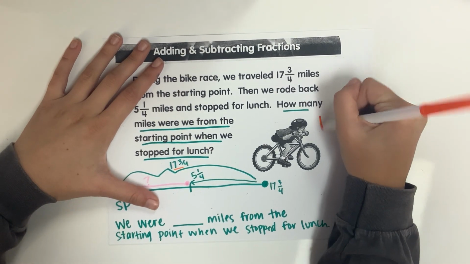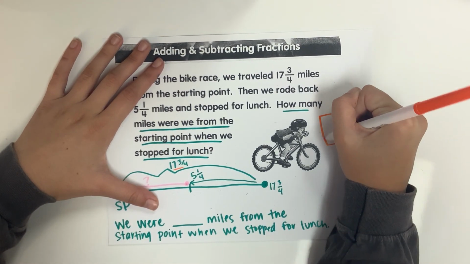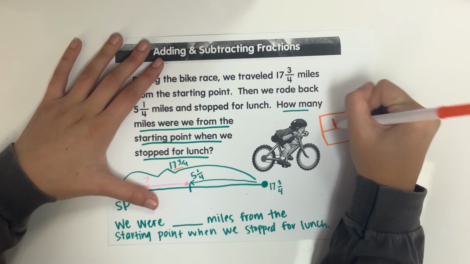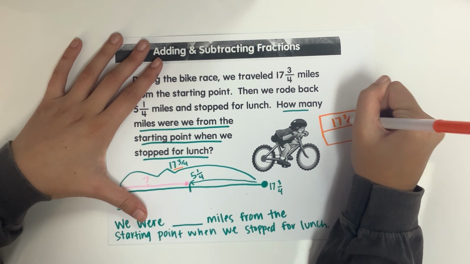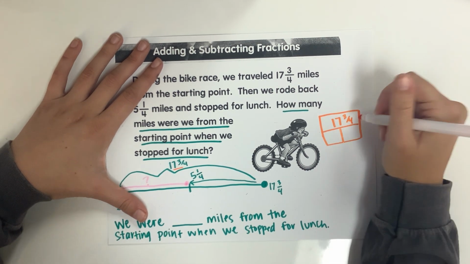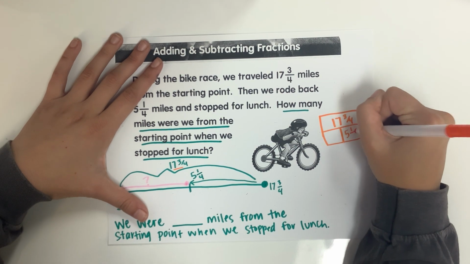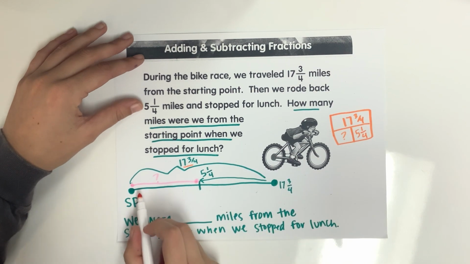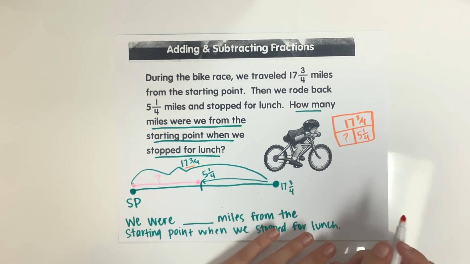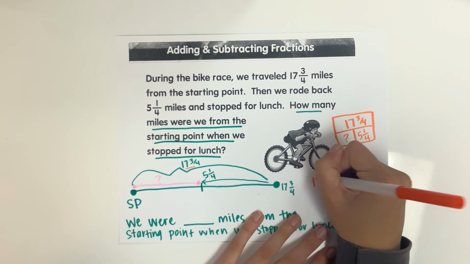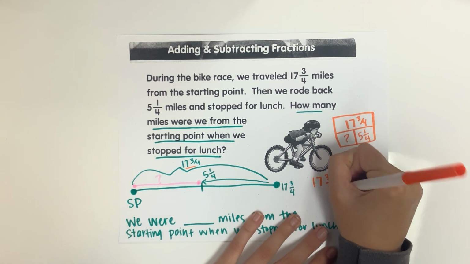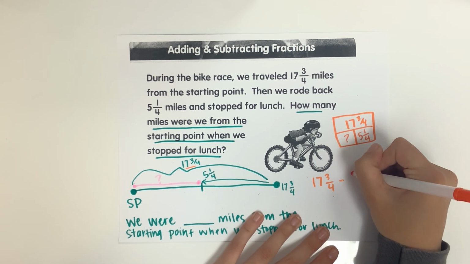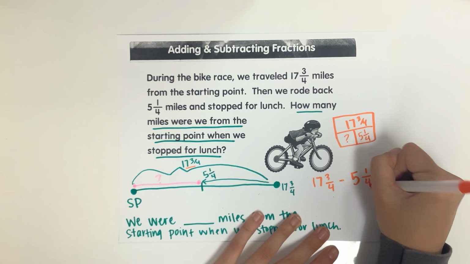So they went a total of 17 3/4 of a mile. They went back 5 1/4, and now we have to figure out how much further do they have to go back to get to the end. So I'm going to subtract 17 3/4 minus 5 1/4.